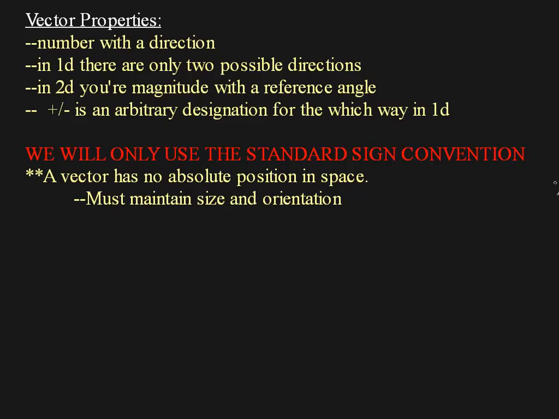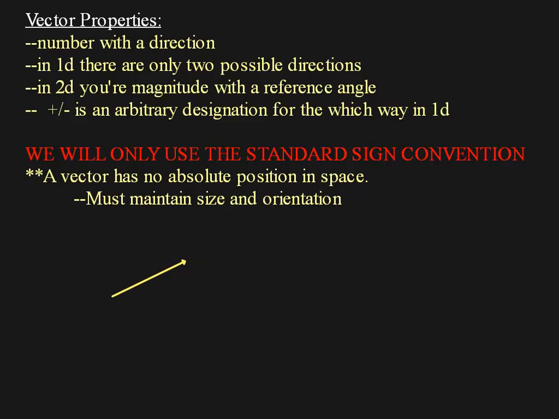So our first property that we're going to look at is the fact that a vector has no absolute position in space. It has no home. So the big thing is that you have to maintain size and orientation. What I mean by that is this.